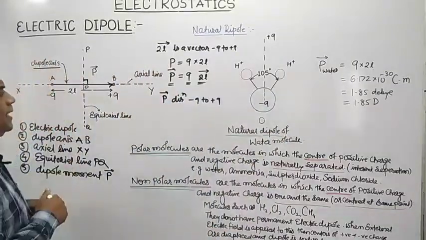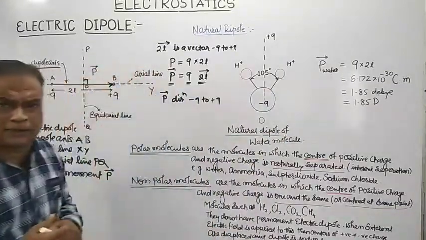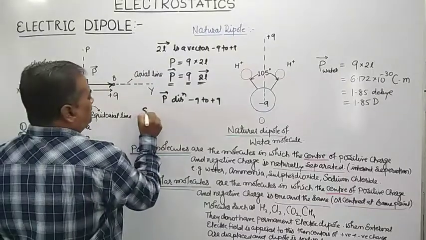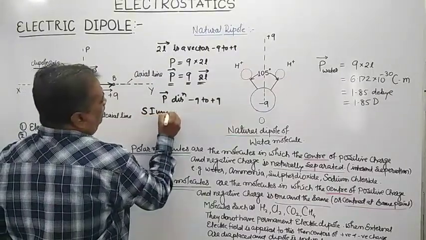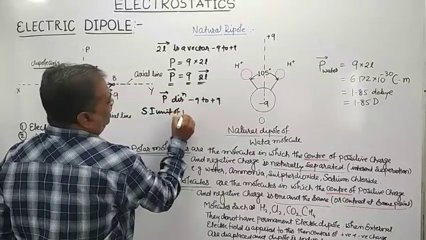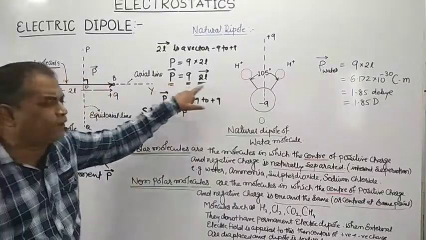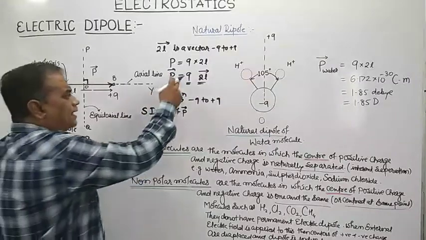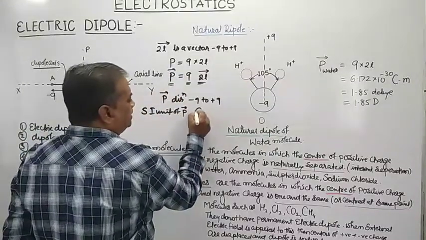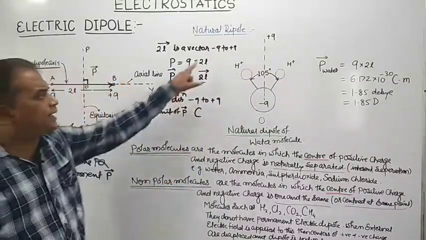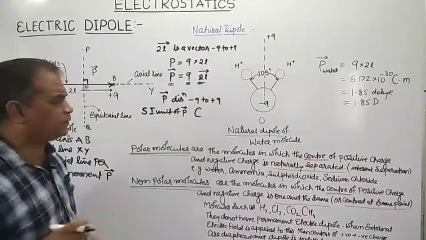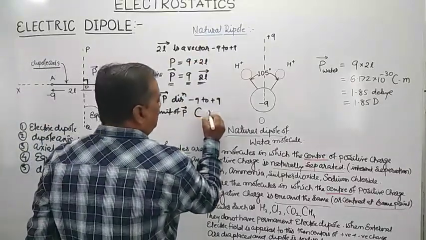So as far as electric dipole moment p is concerned, if someone asks you what is the SI unit of electric dipole moment, see here, electric dipole moment is q into 2L. What is the SI unit of charge? Charge is measured in coulomb. What is the SI unit of distance between the two charges? It is meter.